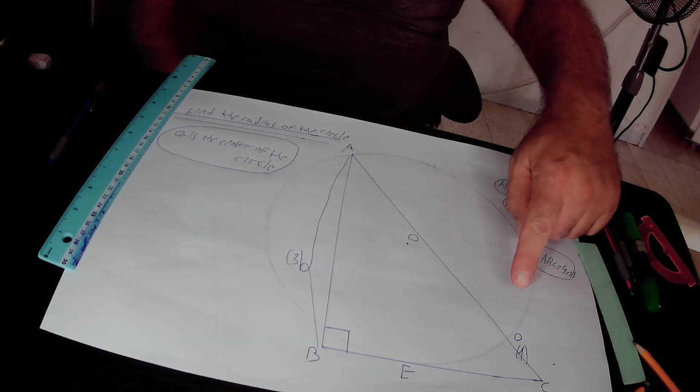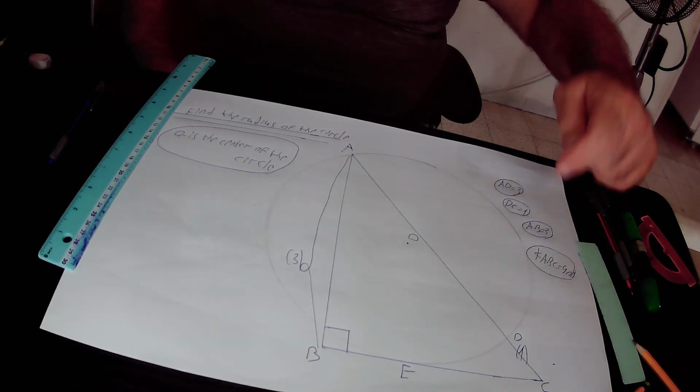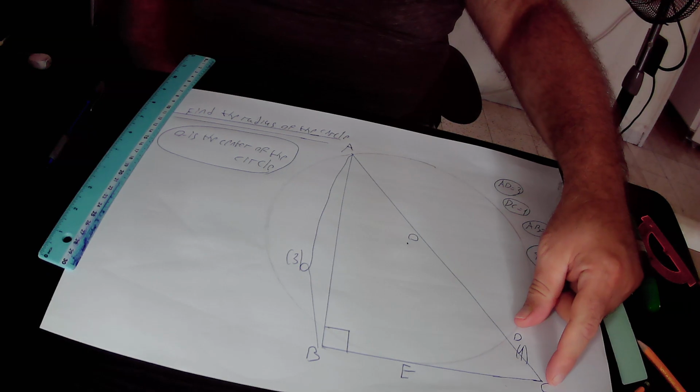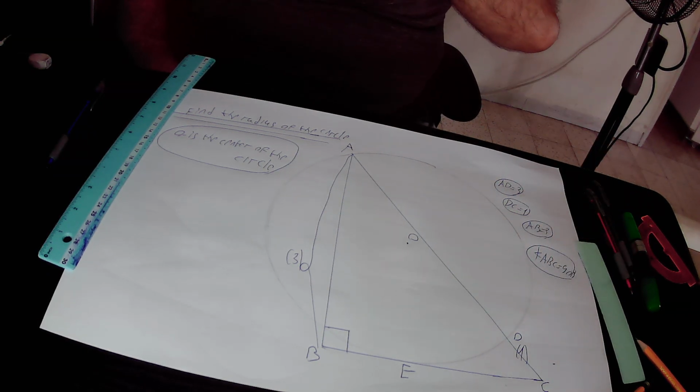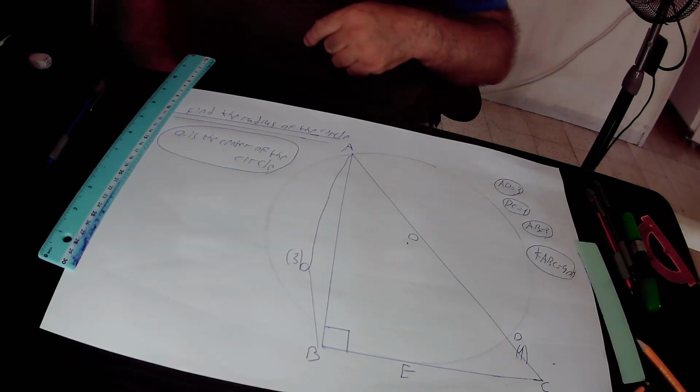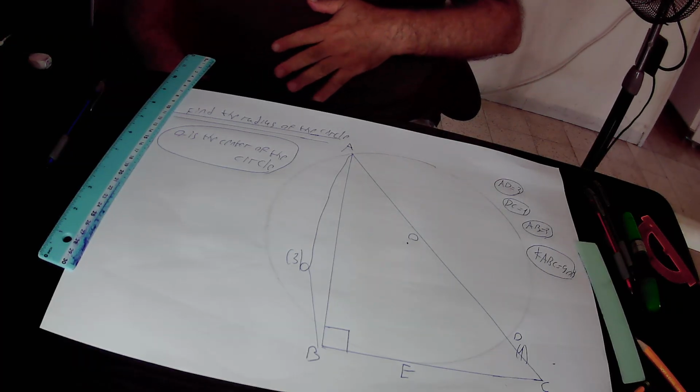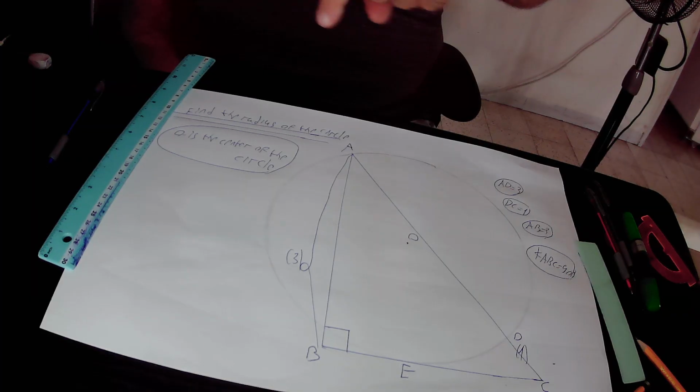Line segment AD also equals 3 units in its length. This is line segment DC, this equals 1 unit in its length. Point O is the center of this circle, and our task is to find out the radius of this circle.